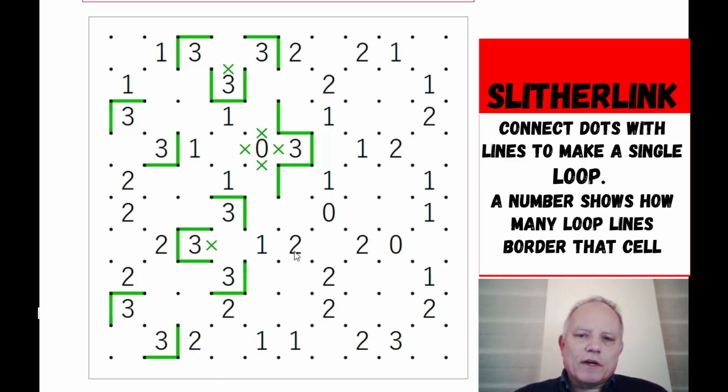Now, when you're here, we've got an example. You have 0 next to 2 here. Now, whenever you have this, you know that this dot here between the 0 and the 2 must either have 2 lines coming into it or none. It can't just have one of the 2 lines coming into it with the other one below it, because then where would it go away?